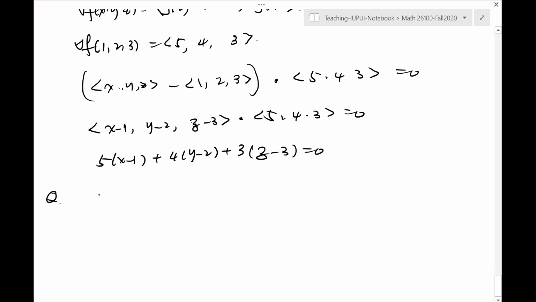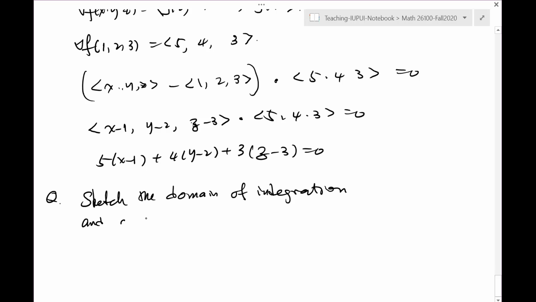So the second question is: sketch the domain of the integral, okay? This is sometimes called the region of the double integration, and change the order of the integration.